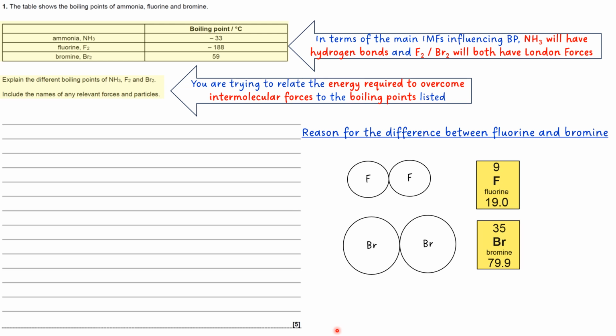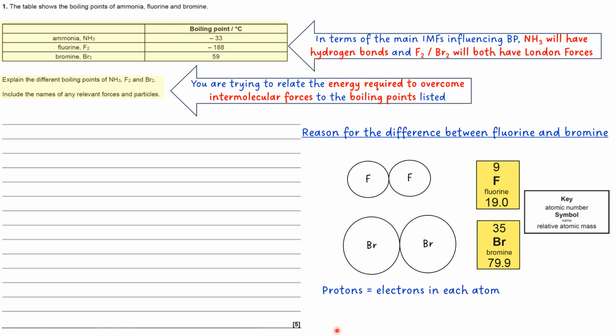We need to look at the number of electrons that each molecule has, including the inner shell electrons. To do this, we go right back to the periodic table, and we remember that protons equals electrons in each atom. If we take the relevant parts of the periodic table, the box for fluorine and the box for bromine, and look at the key, it says the atomic number, which is the same as the proton number.